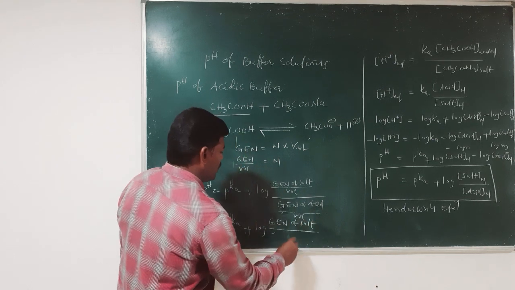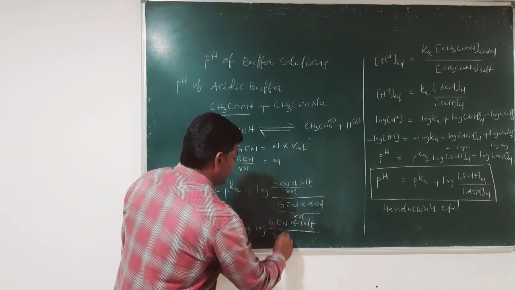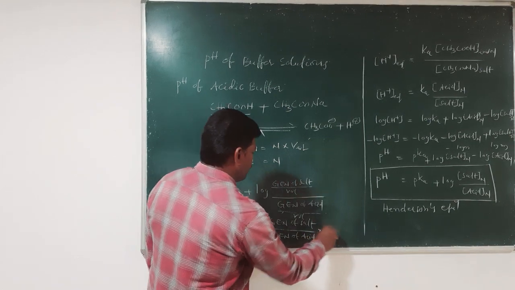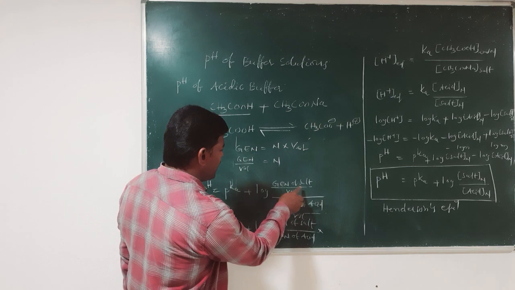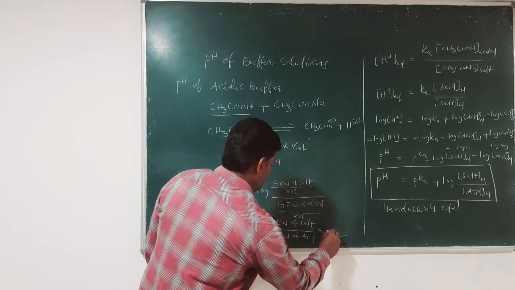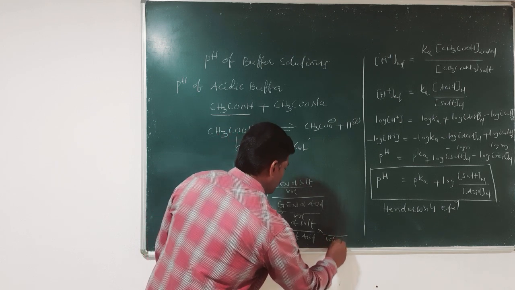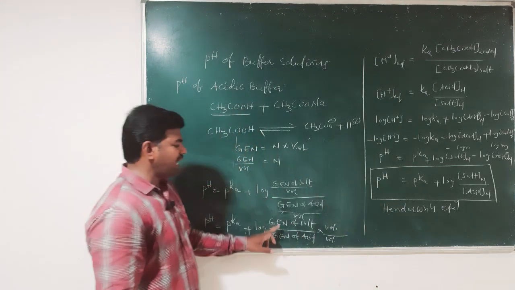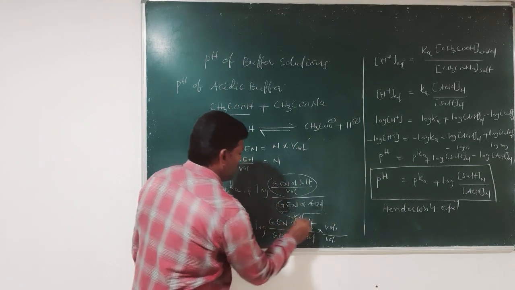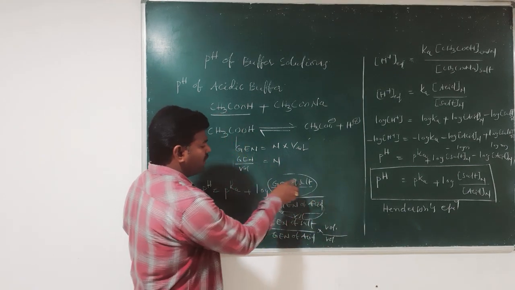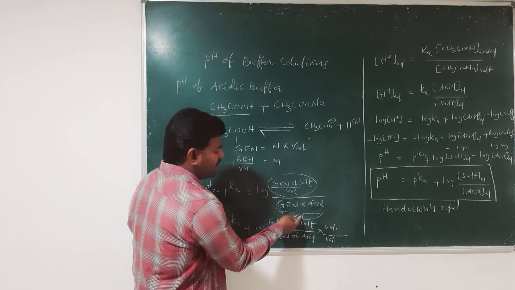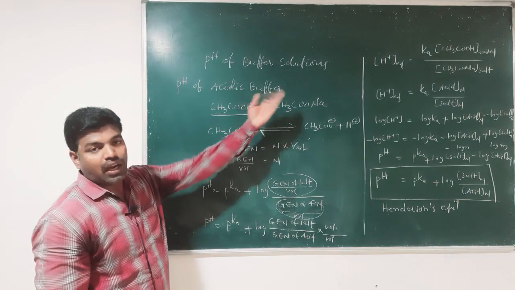And again this equation can be written as pH is equal to pKa plus log gram equivalent of salt by gram equivalent of acid, into volume by volume. This is one fraction and this is another fraction: gram equivalent of salt by volume, where this volume comes into the denominator and this volume comes into the numerator.